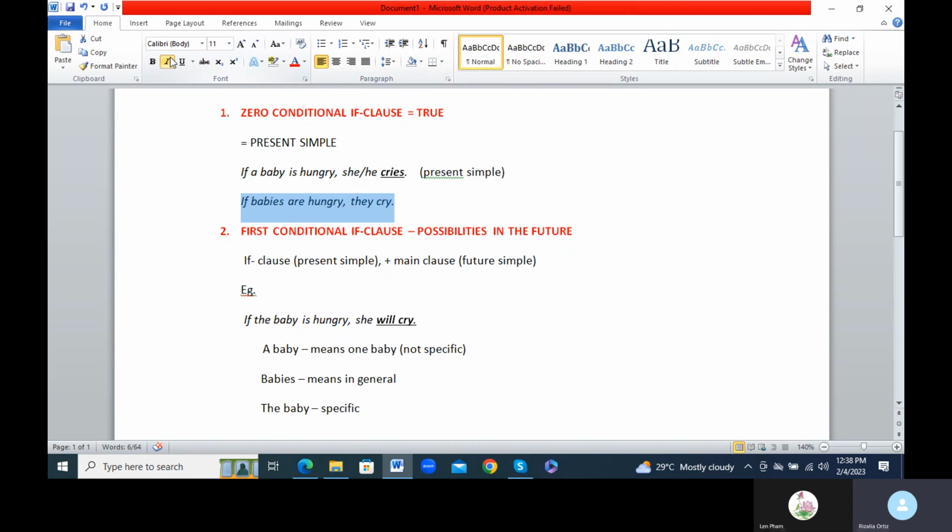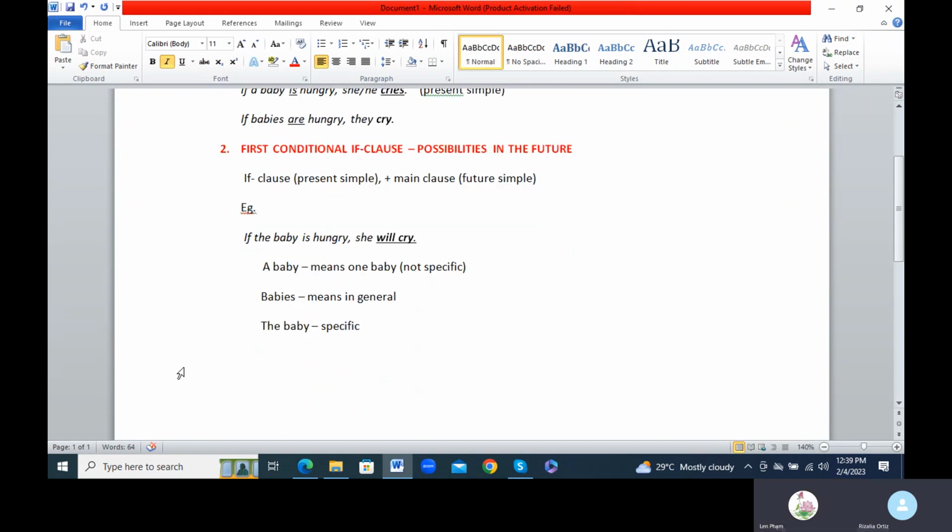You notice that? Are and cry. Are is a present be verb. Cries is a singular present simple verb. Cry is a base form of the verb. Okay?